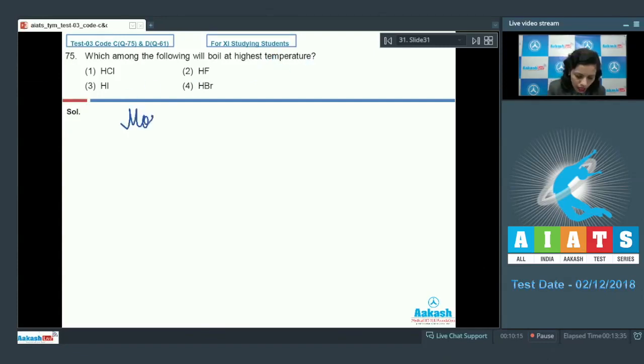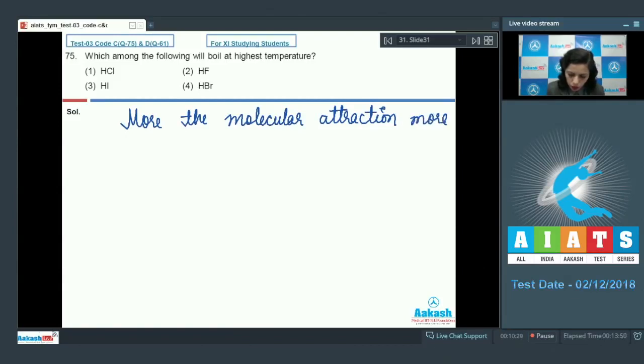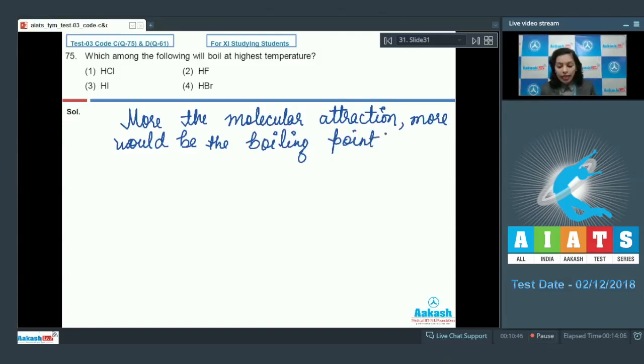We should always know that the more the molecular attraction, the more would be the boiling point. It means the liquid with more molecular attraction will boil at highest temperature.